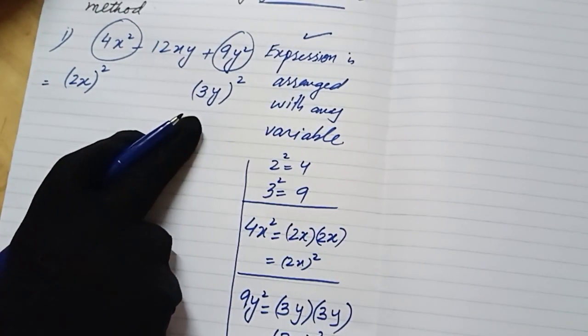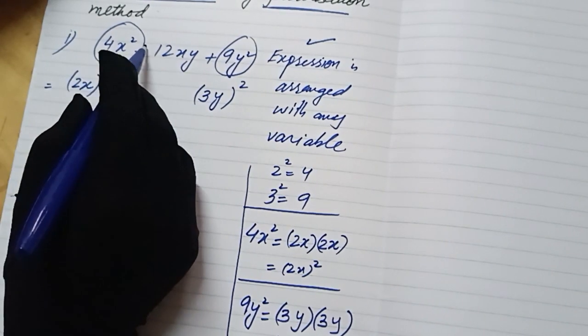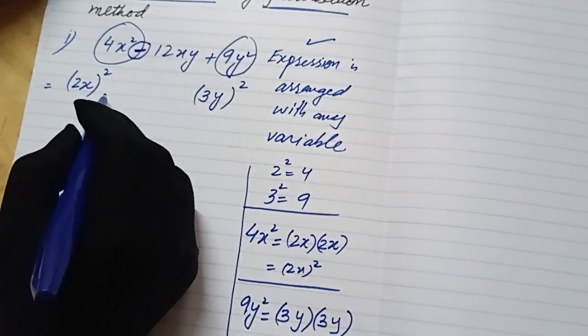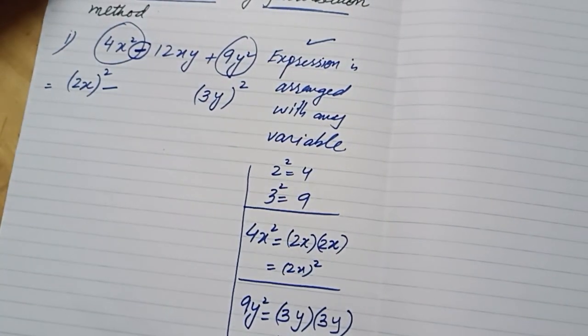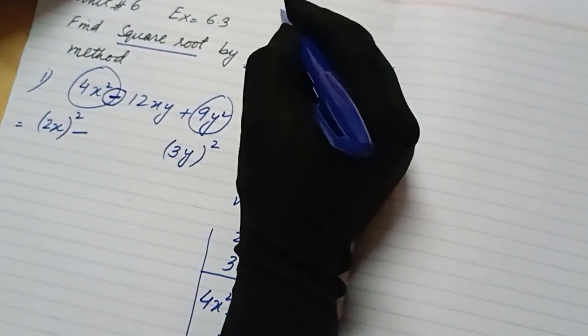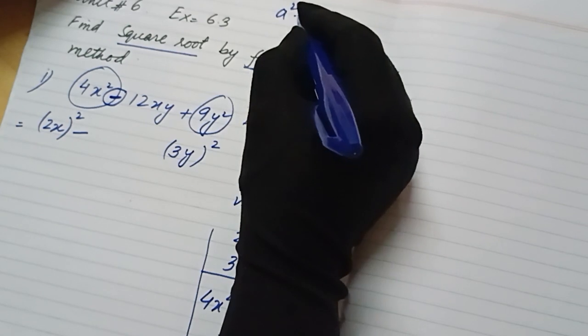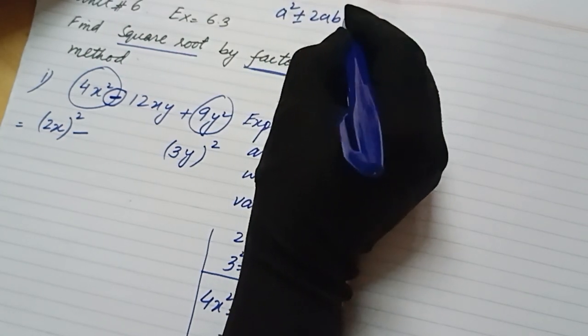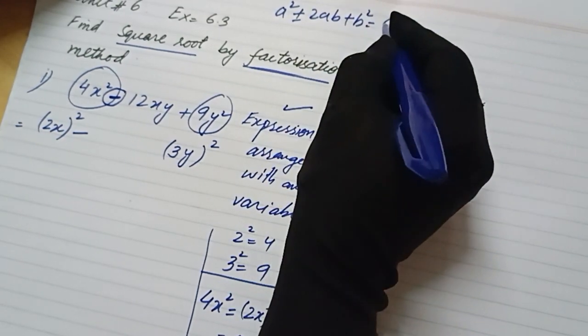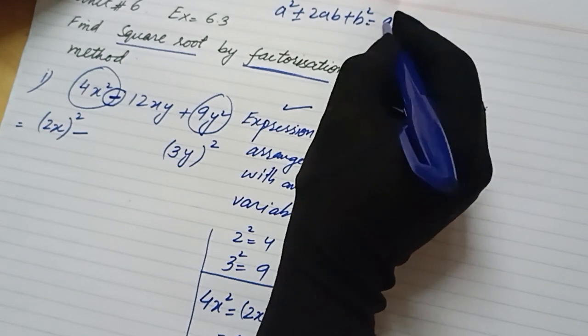Now it's okay. Now check this sign. If it is minus, keep the same sign, and then revise the formula: a square plus minus 2ab plus b square equals a plus minus b whole square.